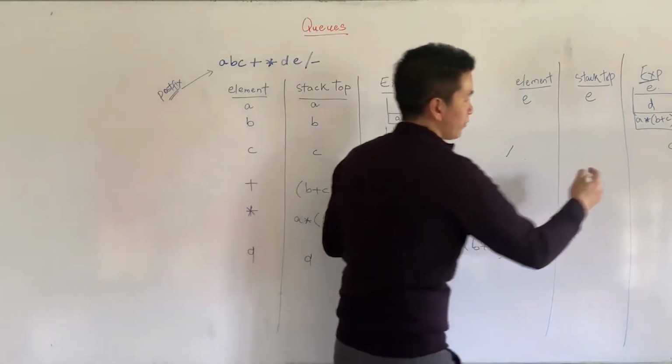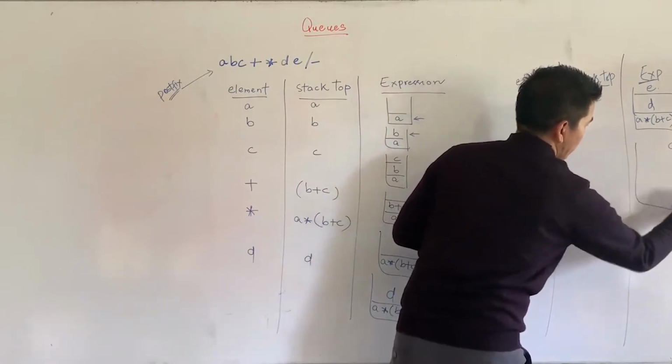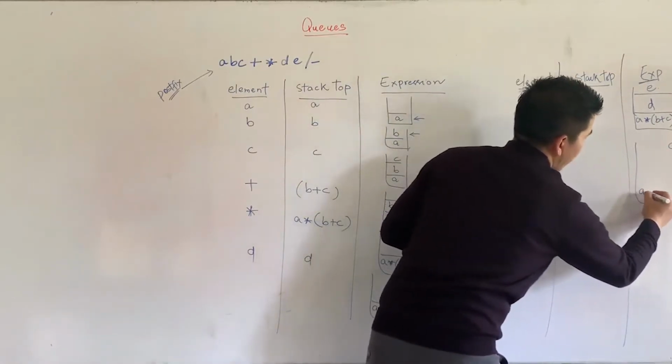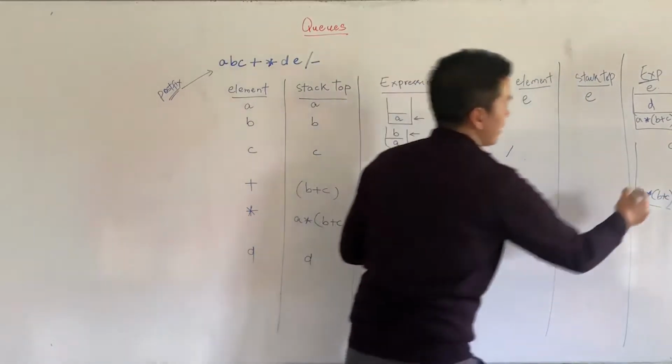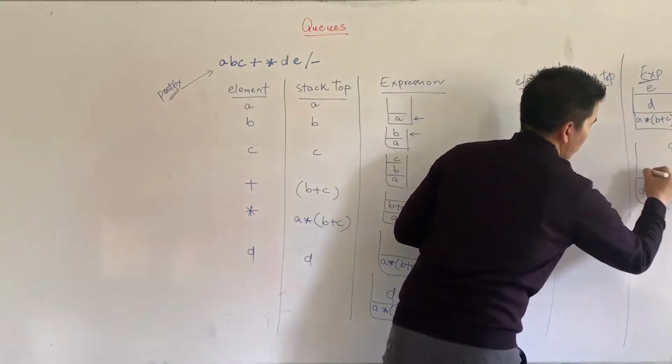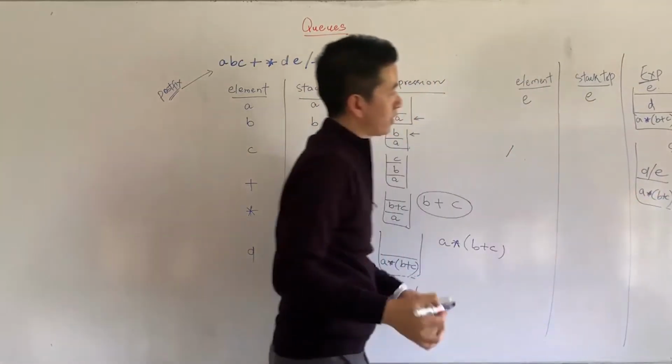So it will look something like this. You have A multiplied by B plus C, and then this expression will be pushed back to the stack.